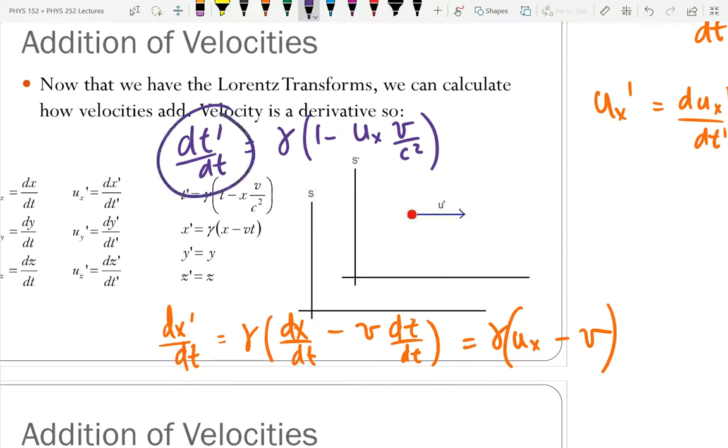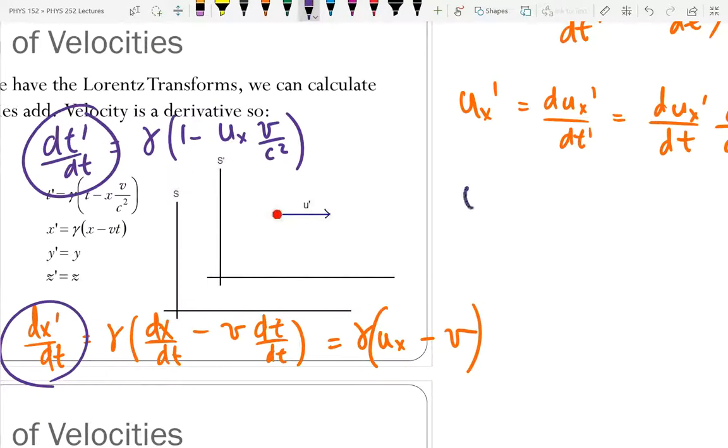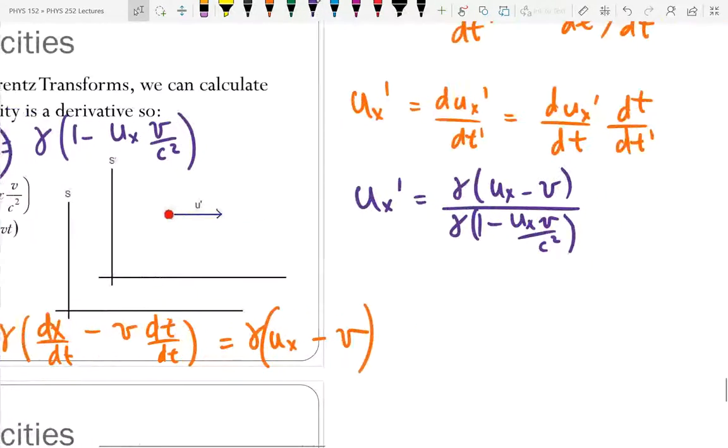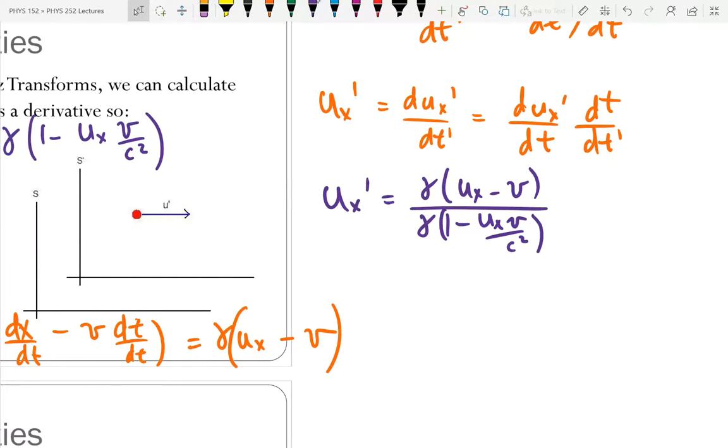So there's the bottom part, there's the top part. So I'm going to have ux prime is equal to, of course the gammas will cancel.